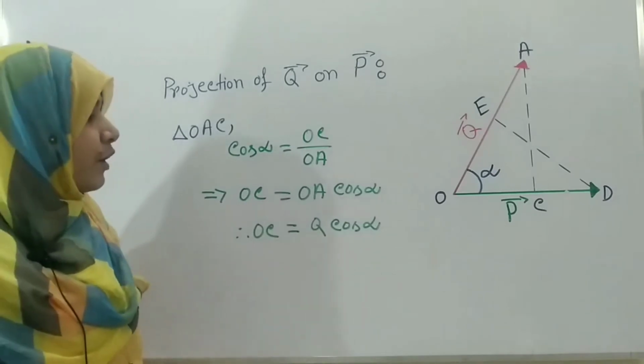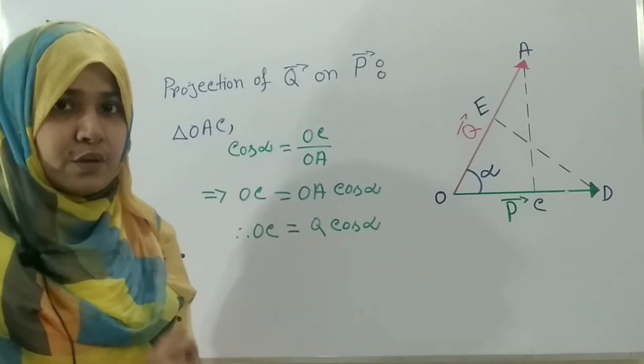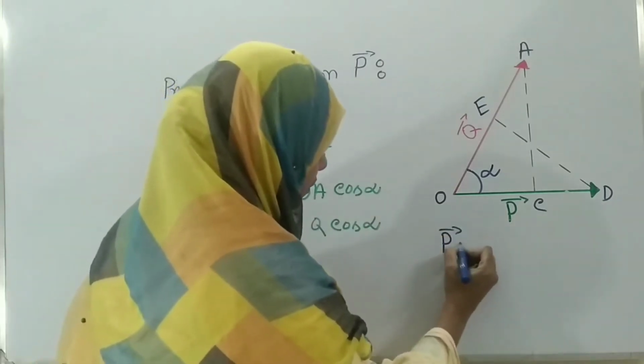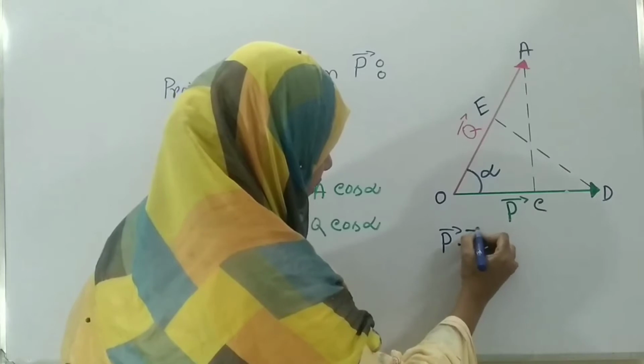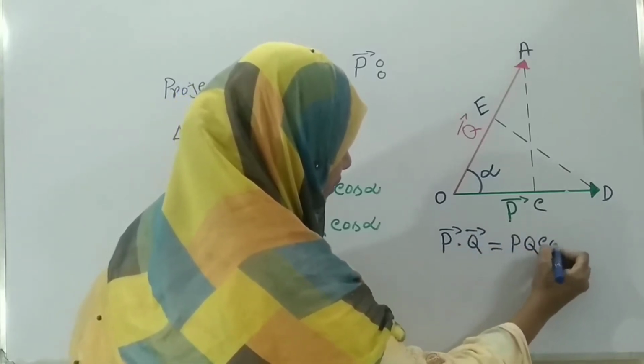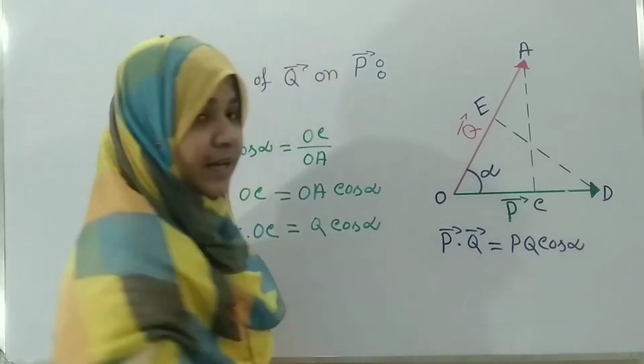And from the dot product we know that the formula is p dot q is equal to p q cos alpha.